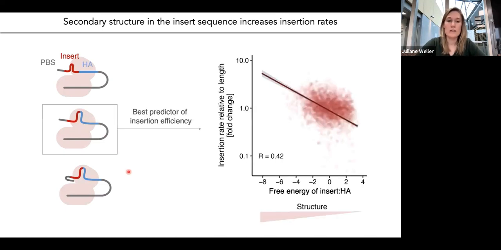And we identified the structure of the RT template being most important. So if you look at the correlation between the calculated structure, so the free energy of the insert and the homology arm, and the insertion rates, we see a very clear trend that stronger structure increases editing rates.